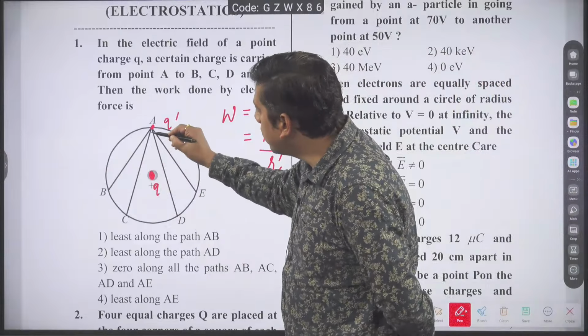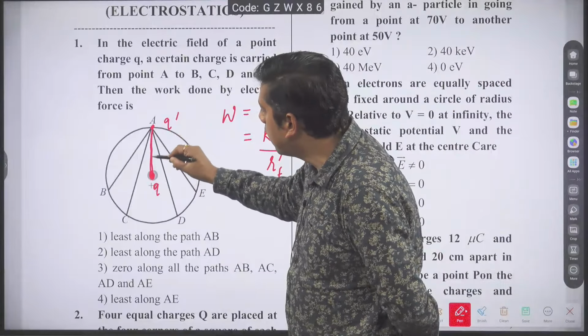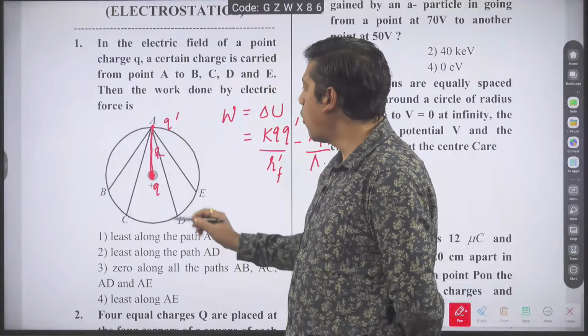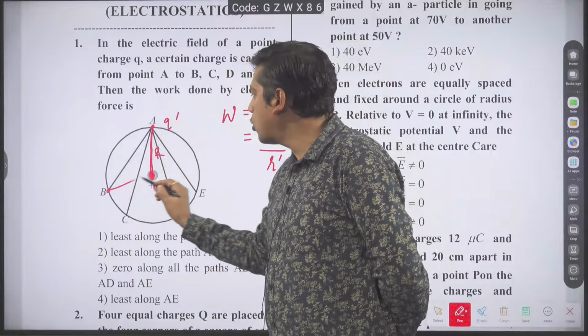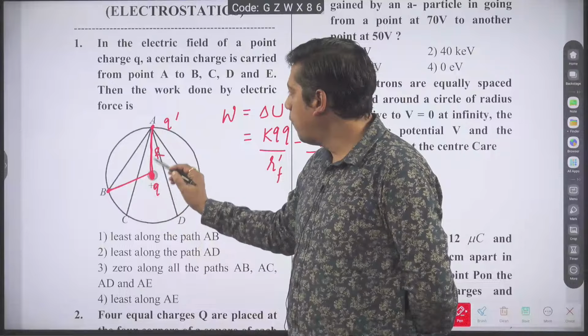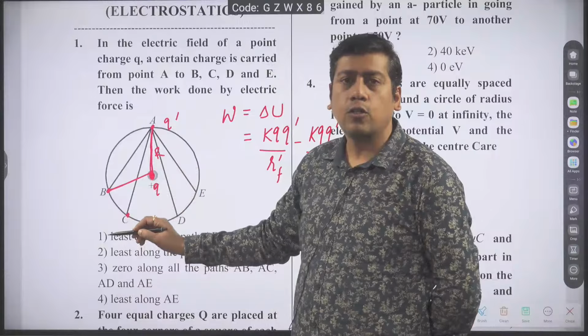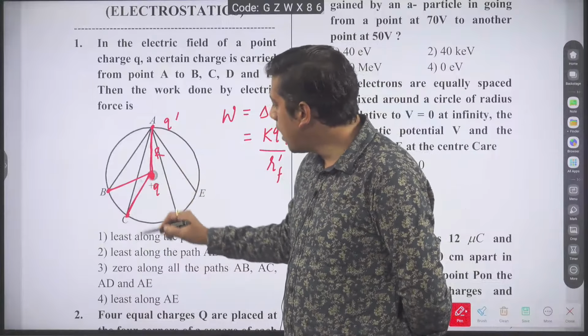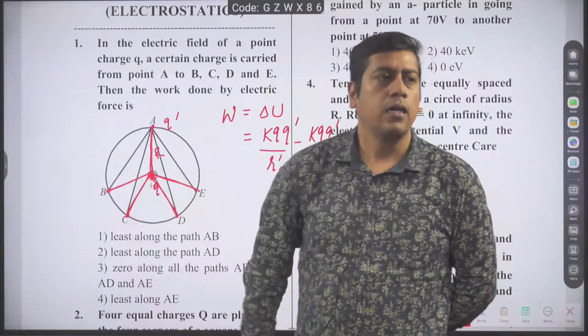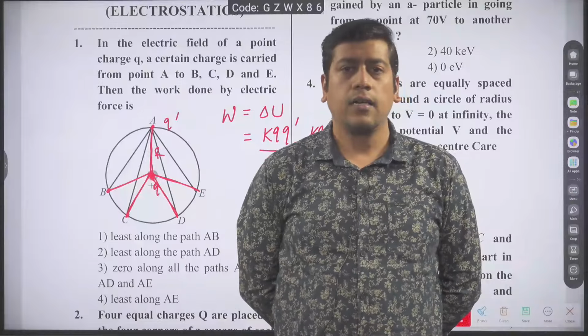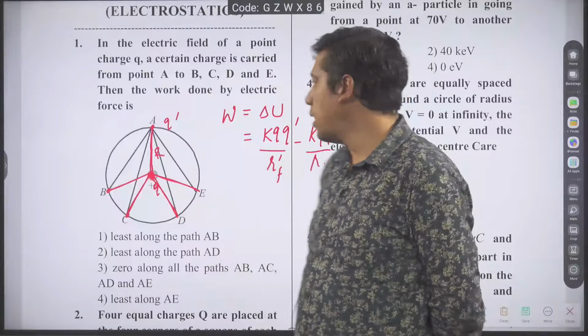If you look at the distance between the charges, it was R. When Q dash is at point B, the distance is also R. At point C, the distance is the same R. At every point it will be the same R. So initial distance and final distance are both equal.